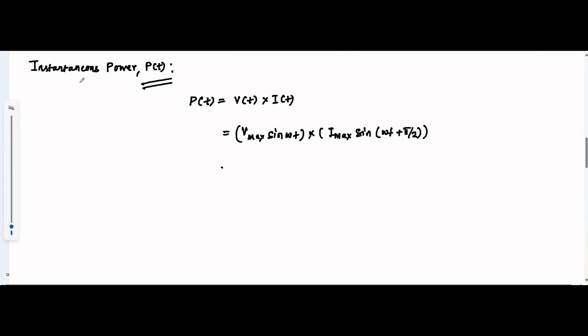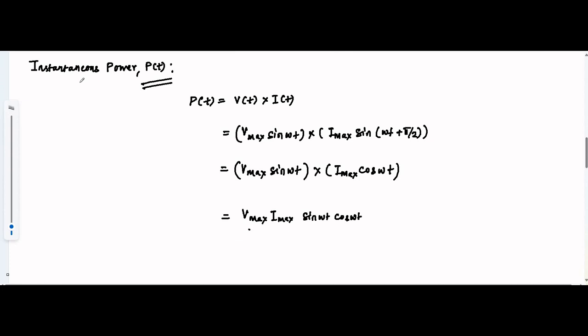So we can write it as Vmax sine omega t into Imax cos omega t. So it will be equal to Vmax Imax sine omega t cos omega t.